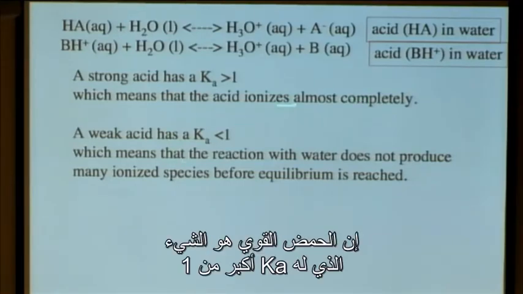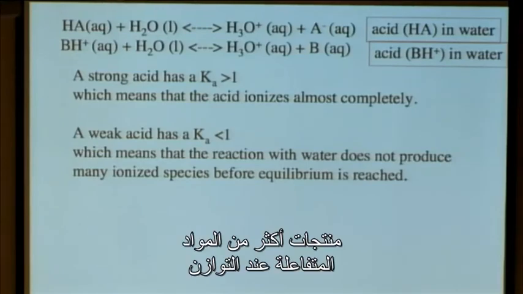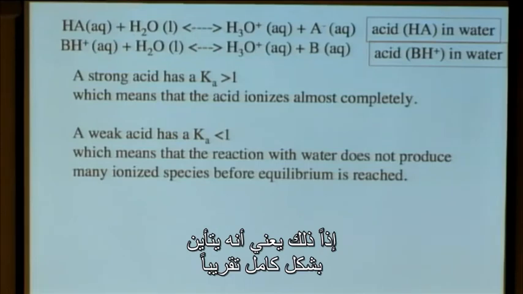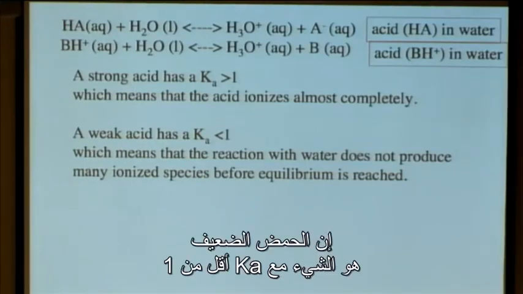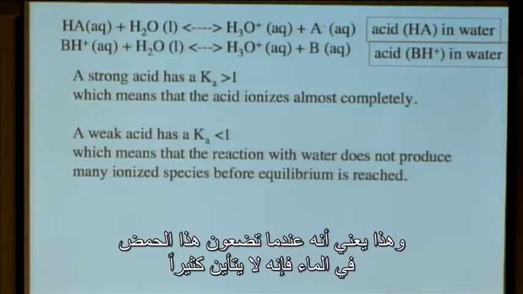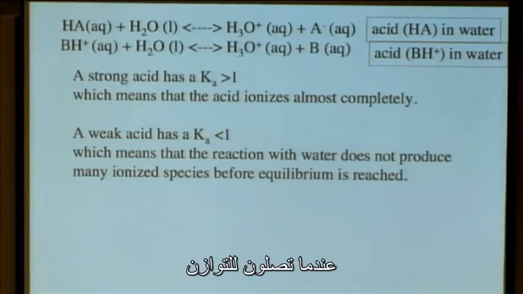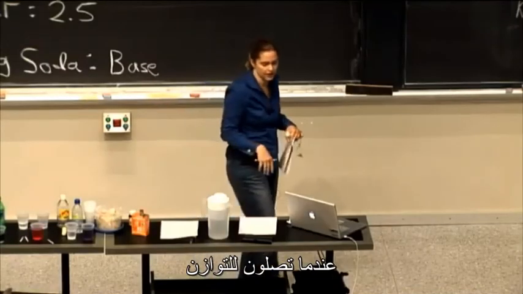A strong acid is something that has a Ka greater than 1, more products than reactant at equilibrium. So that means it ionizes almost completely. So it goes far toward products. A weak acid is something with a Ka of less than 1, which means that when you put this acid in water, it doesn't ionize very much at equilibrium.